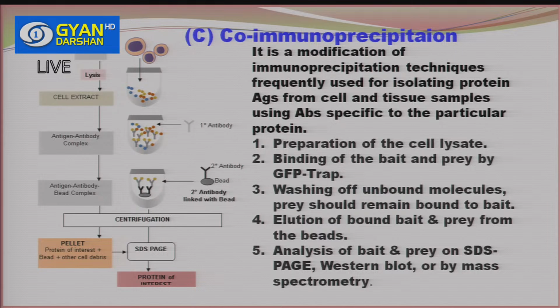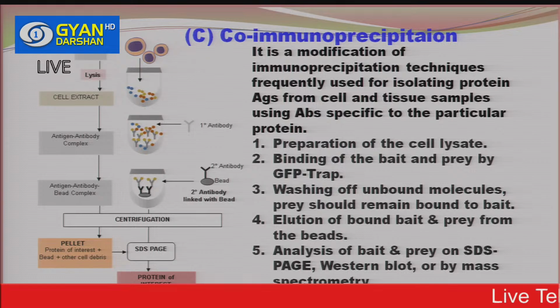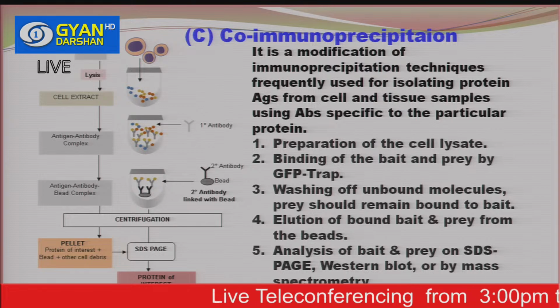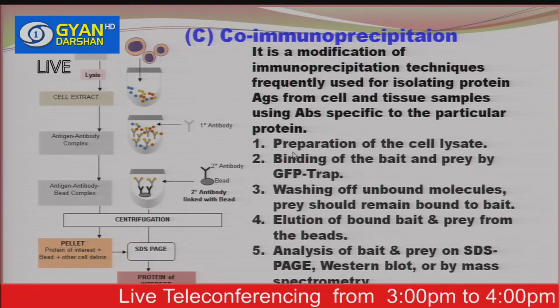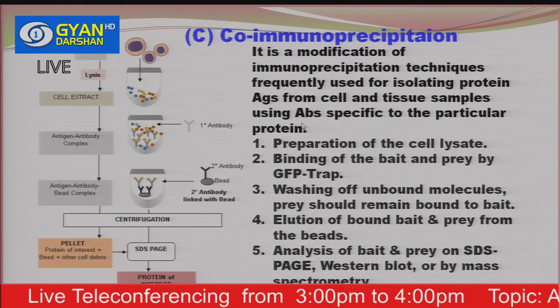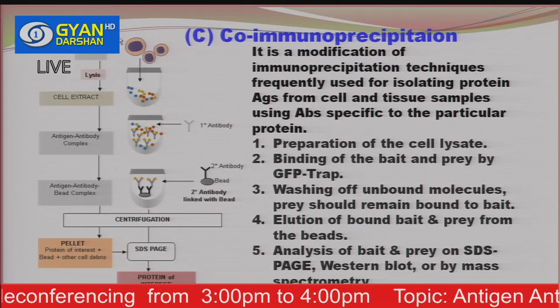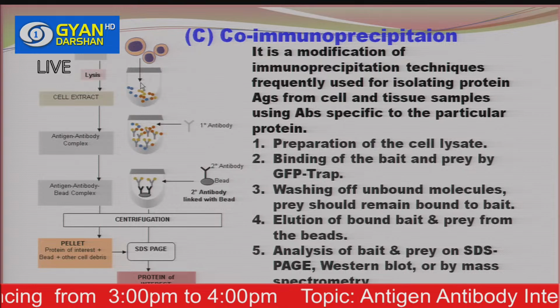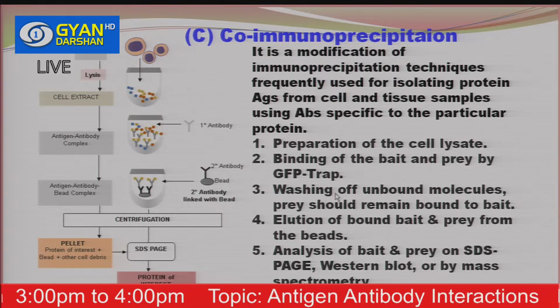In this case, first of all we need to lyse the cells, and we can utilize various steps. The first step is the preparation of the cell lysate. Here are the cells, and we can make a lysate.